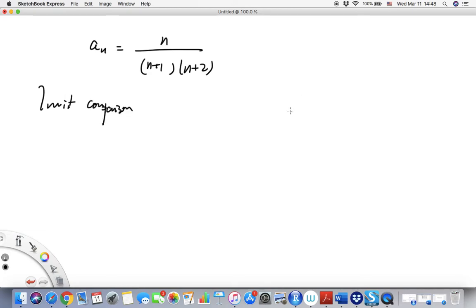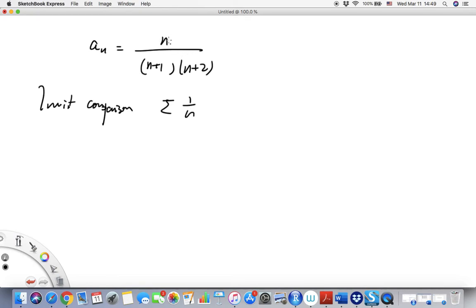So next, how about an is equal to n over n plus 1 times n plus 2? Again, we do limit comparison with which series? We compare that with the sum of 1 over n. Here's the intuition.